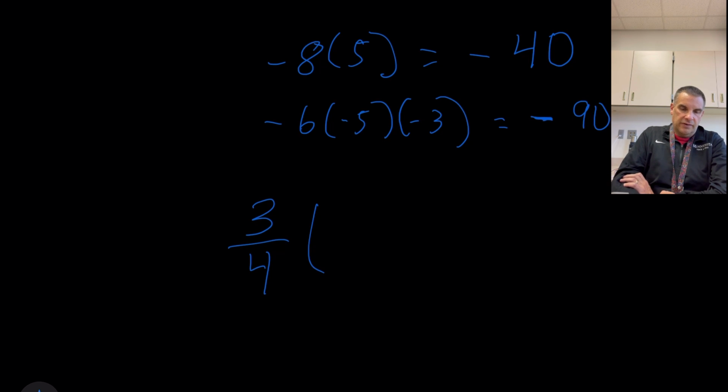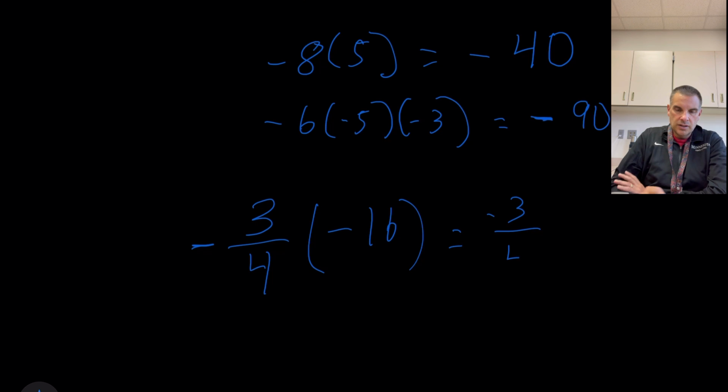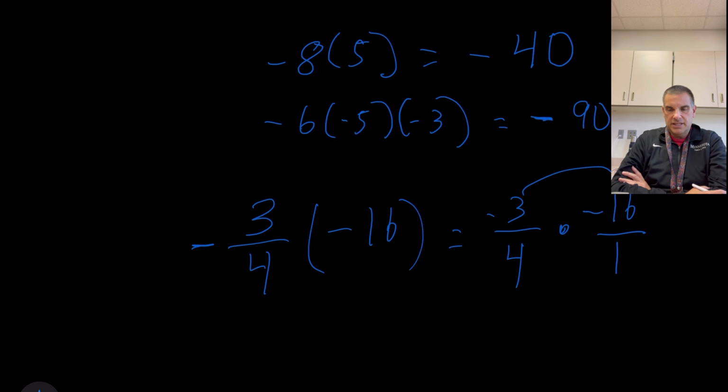Remember, when you're multiplying fractions, if we take something like 3/4 times negative 16, let's make it negative 3/4. When you're multiplying fractions, I can rewrite negative 16 as negative 16 over 1. And then when you multiply fractions, you take the top times the top, and the bottom times the bottom.